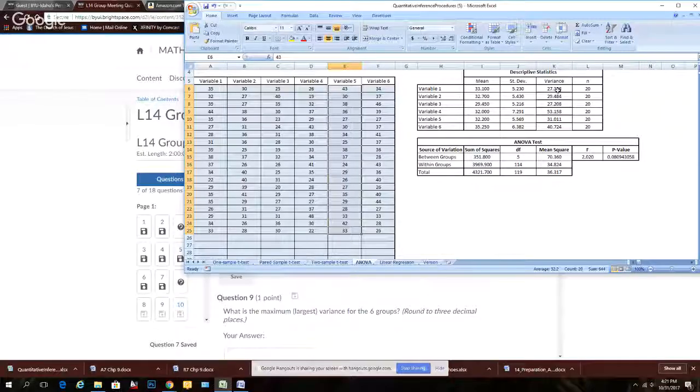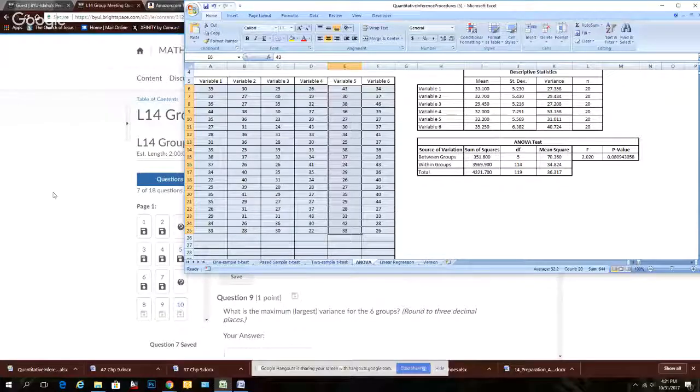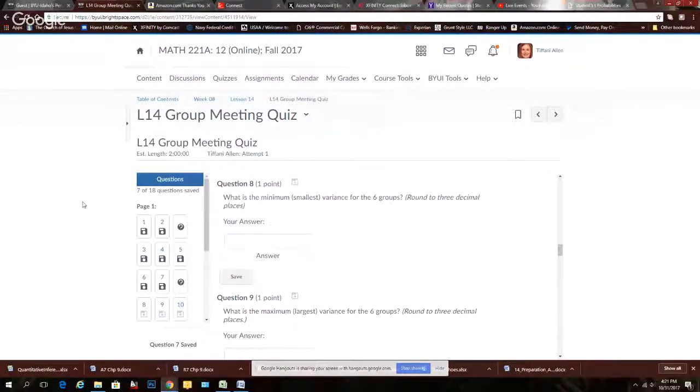Yeah, like I can see. The smallest one is 27.208. Why do I have 0 here? Because you have 0 in the variances? Yeah.